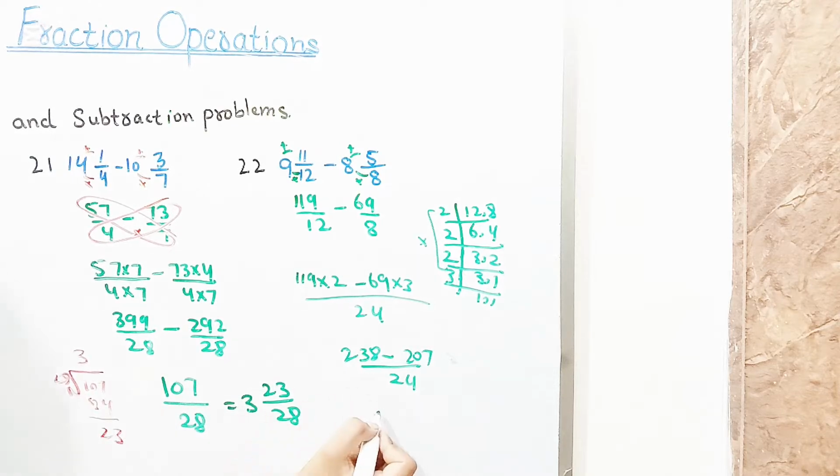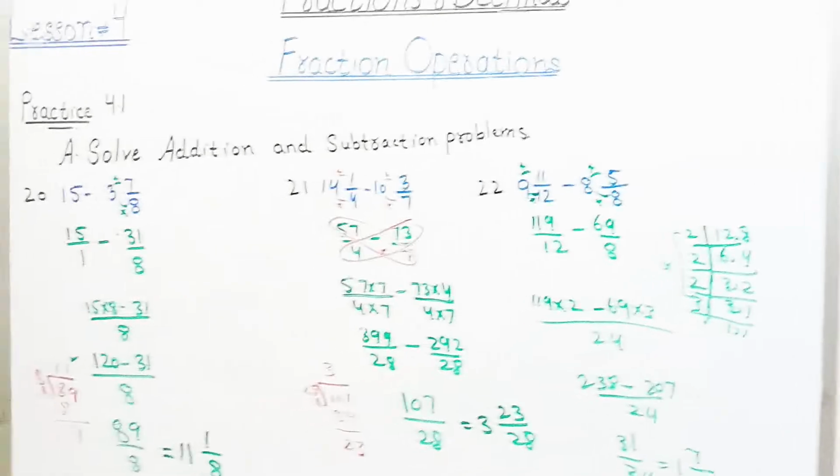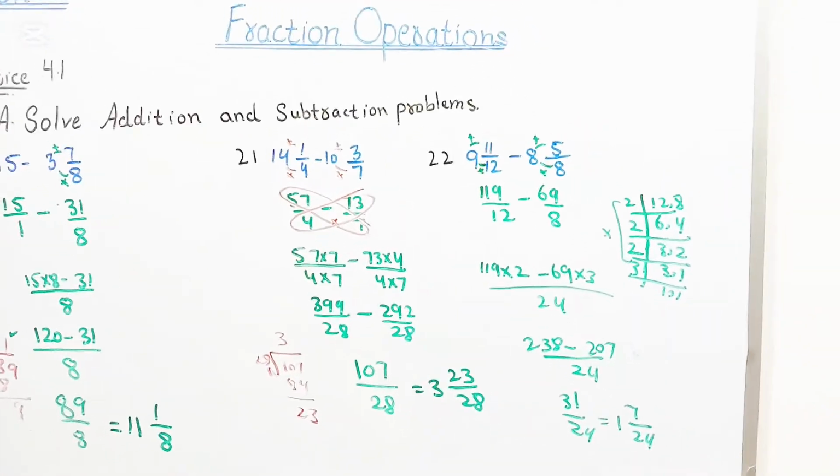When we subtract them, my answer is 31 divided by 24. When I divide, my answer is 1, remainder is 7, and the denominator is 24 as the same. My final answer is 1 7 over 24.